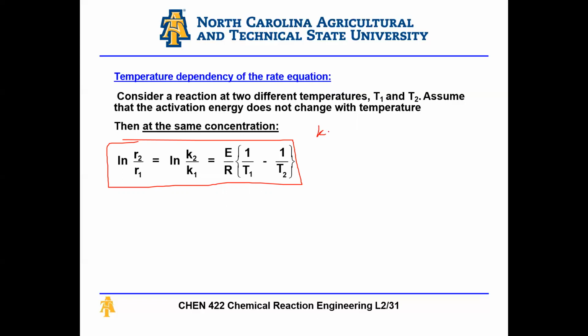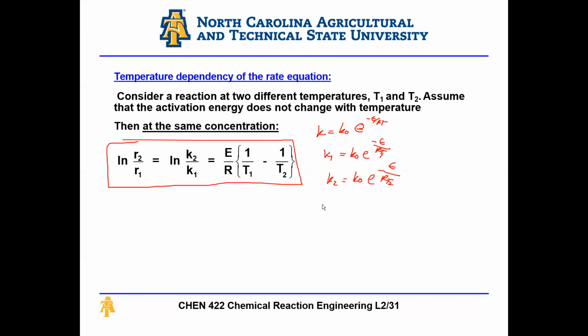we say K is equal to K naught e to the minus E divided by RT. So if I have two cases of this, or two temperatures, I have K1 is equal to K naught e to the minus E divided by RT1, and K2 is equal to K naught e to the minus E divided by RT2.